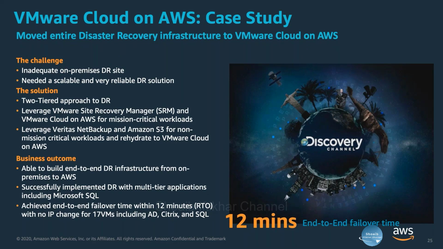So this is a good example of combining those types of DR scenarios. They were in fact able to build a complete end-to-end DR solution and enable an RTO of as little as 12 minutes. Due to AWS's flexible networking, Discovery did not have to reassign IP addresses for that. So that makes recovery a lot simpler for their core services.